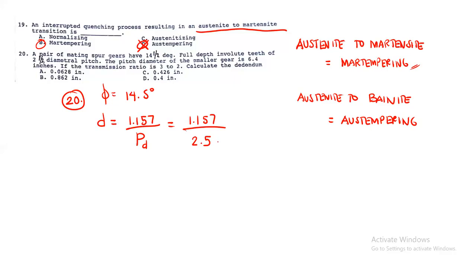So ang sagot dito is 1.157 over 2.5 is 0.4628 inch. So anong sagot dito, guys? So pinakamalapit na sagot dito is letter C, 0.426.